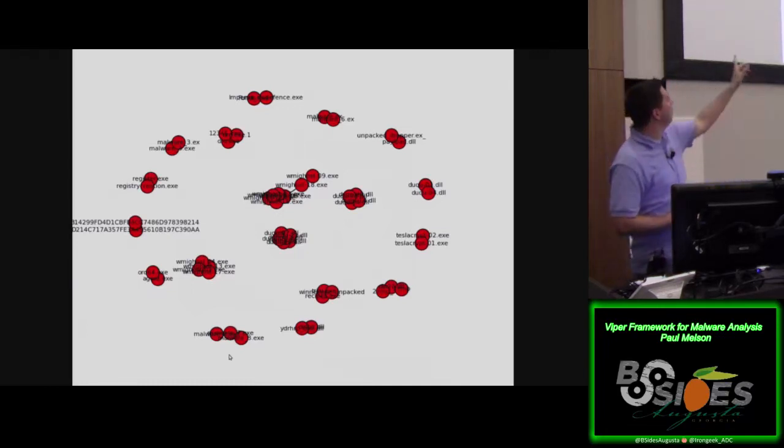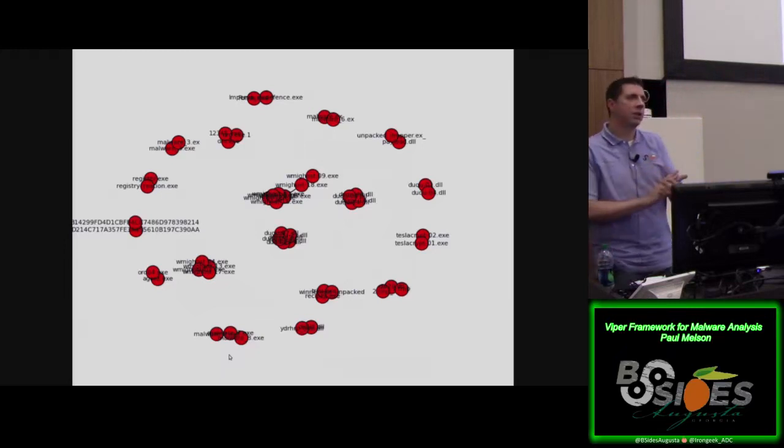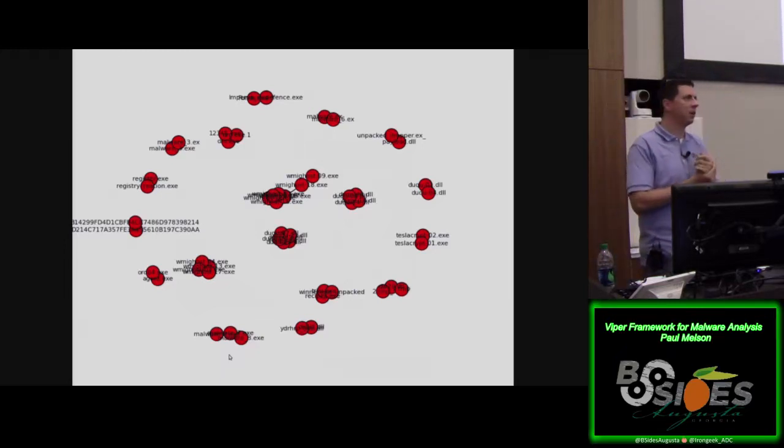There are definitely some where the lines get longer, meaning the weight is lower, so that there's some relationship, but not necessarily a solid relationship, suggesting that there might be some code reuse going on. So anyway, a quick and dirty way to get an idea of whether or not items in a particular repo are related to each other using, in this case, fuzzy hashing.